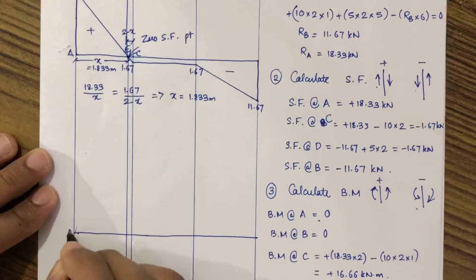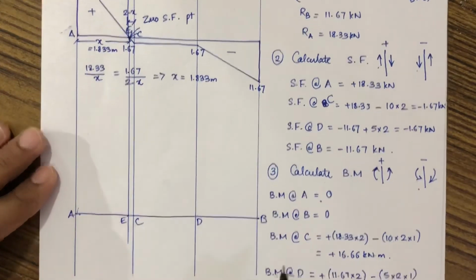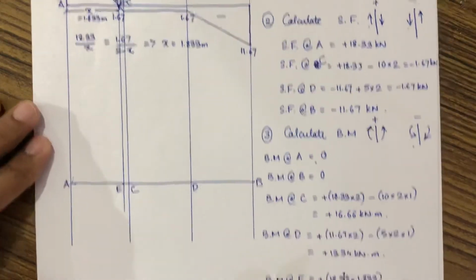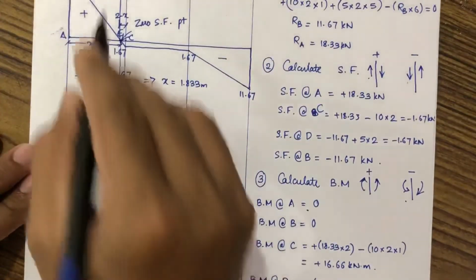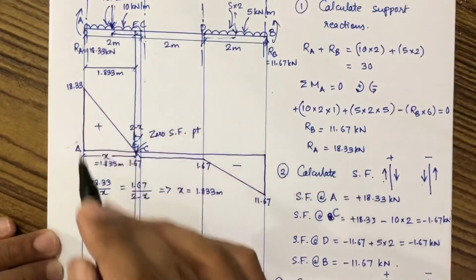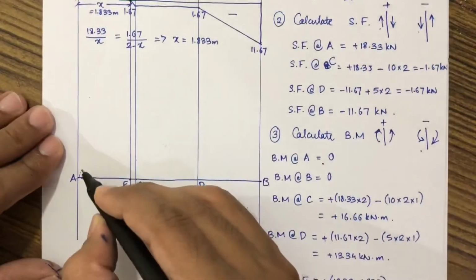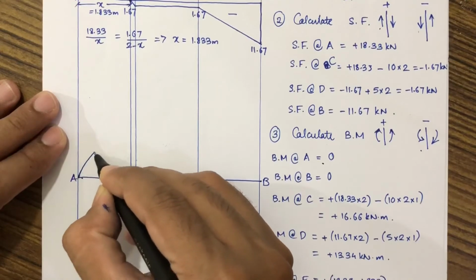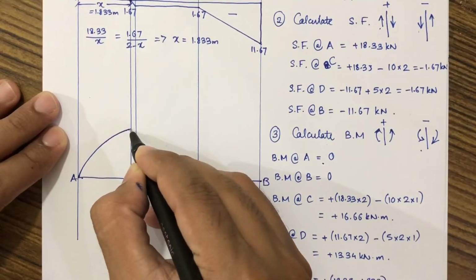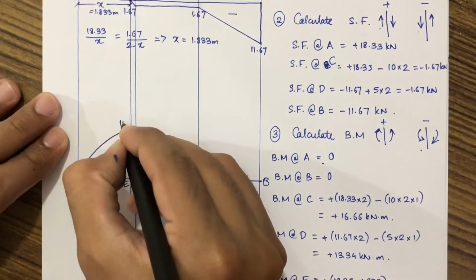This is point A, this is B, this is point C, this is point D and this is point E. At C it is 16.66, at E it is 16.8. So as this is a UDL over here, the bending moment diagram will be parabolic. So it will move like this. Maximum it has attained over here, that is 16.8.